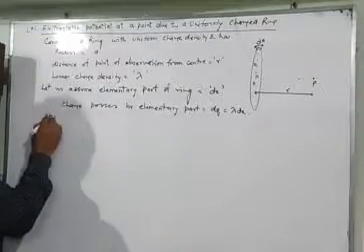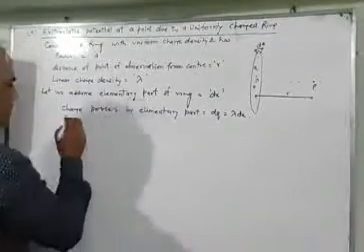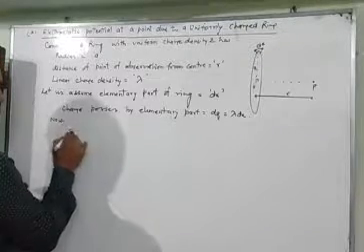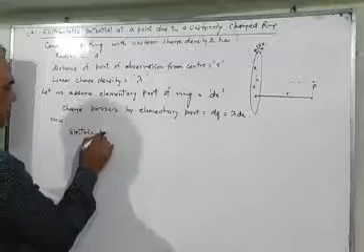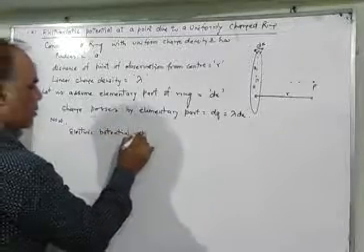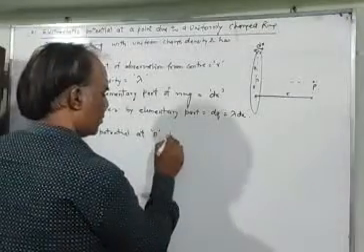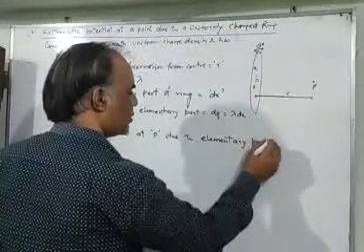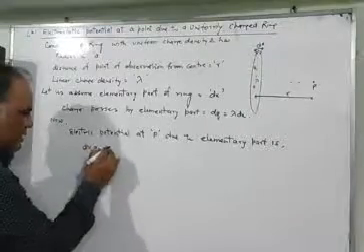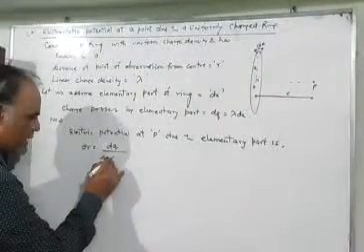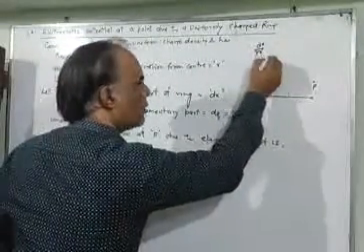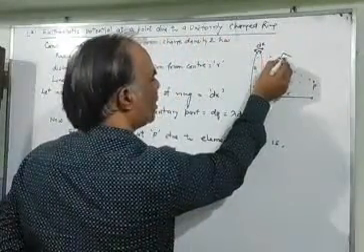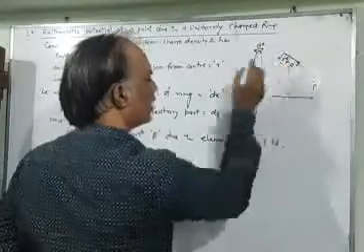Now electric potential at P due to elementary part is dV is equal to dq upon 4 pi epsilon naught, this distance would be square root of r square plus a square.